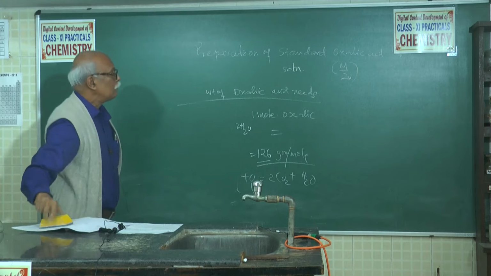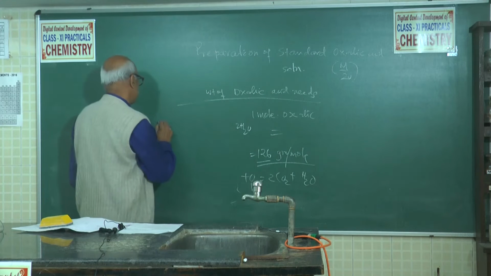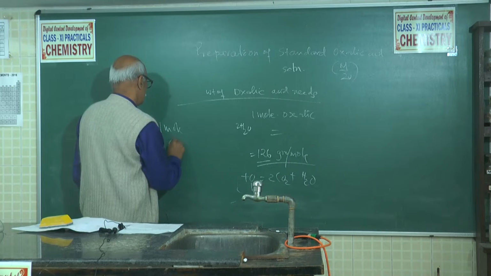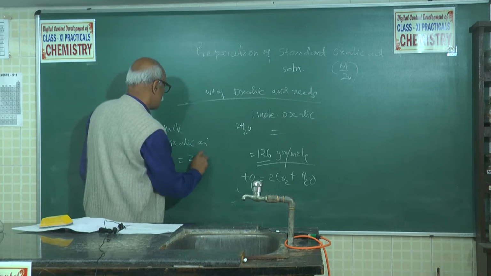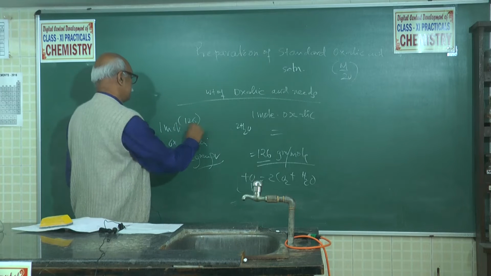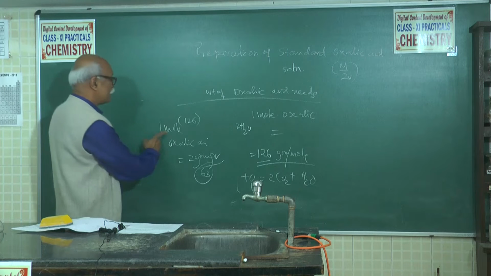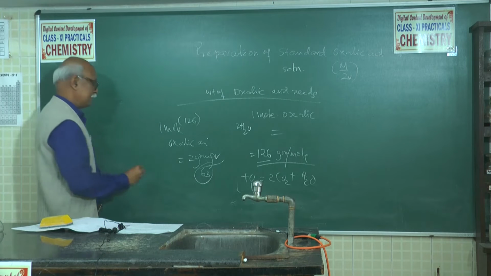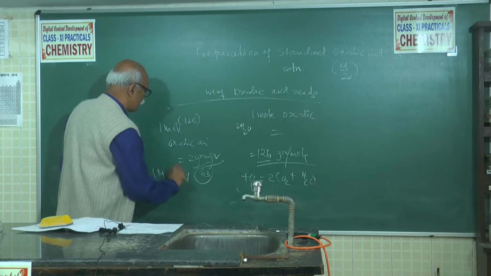Suppose in this case 1 mole of oxalic acid is equal to 2 gram equivalent, because molar mass is 126 and equivalent mass is 63. So 1 mole is equal to 2 gram equivalent. Or if you take a 1 molar solution, this will be equal to a 2 normal solution.